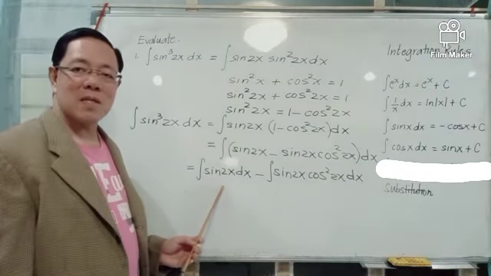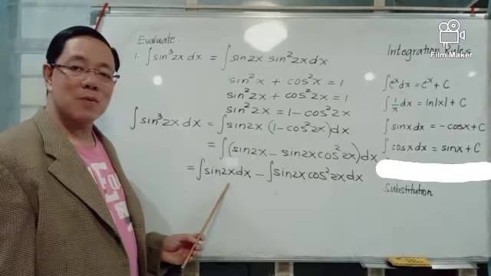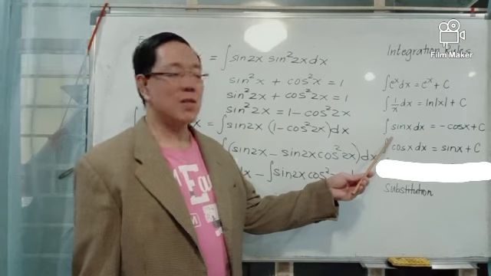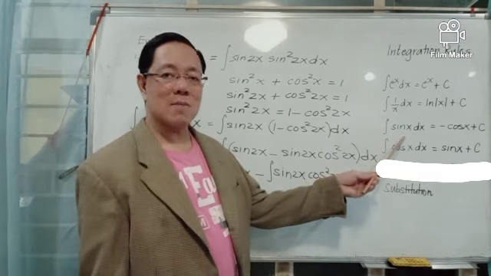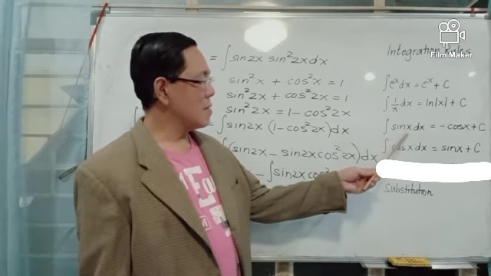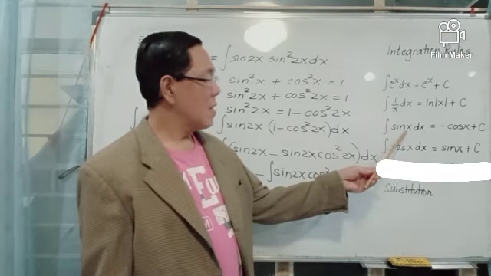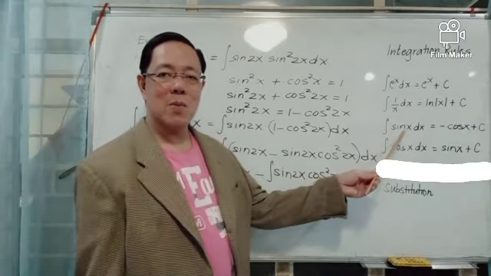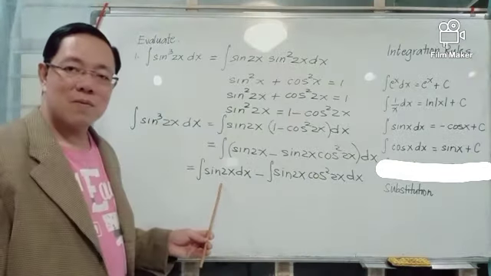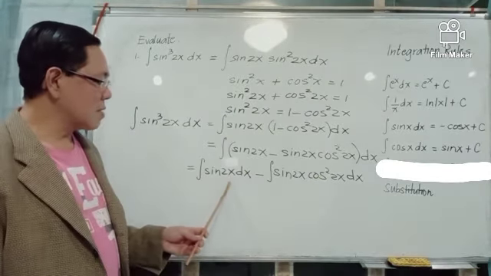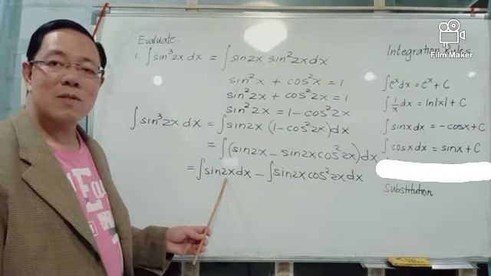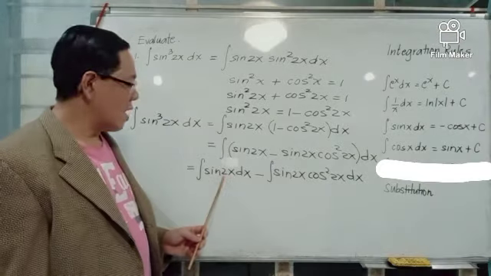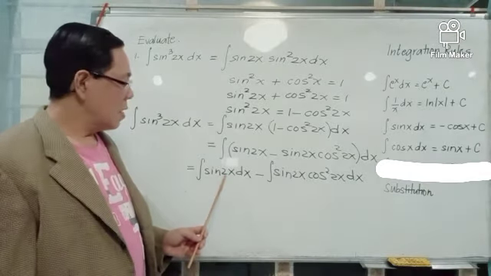For the first integral, we make use of a substitution. For us to be able to use this integration rule, the sine of x, the variable is a single variable x with exponent 1 and coefficient of 1. But here, we have the sine of 2x. The angle is not a single variable x but has a coefficient of 2.